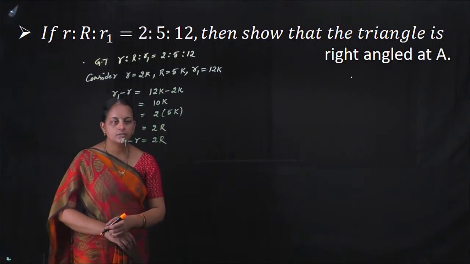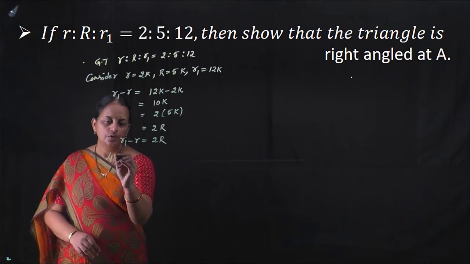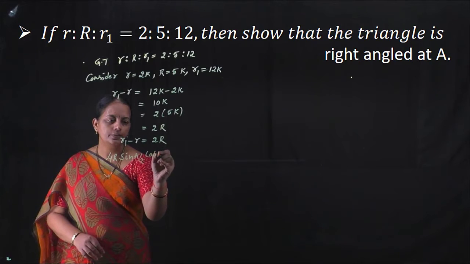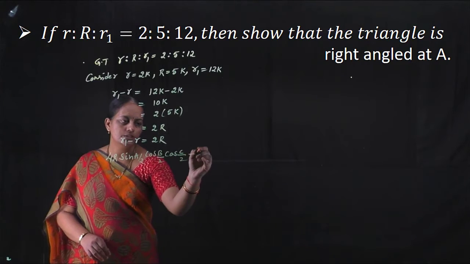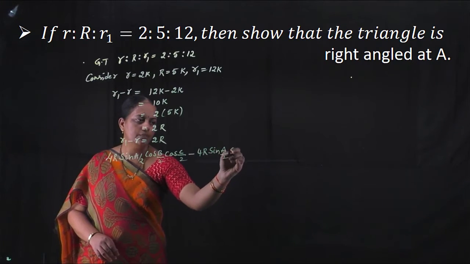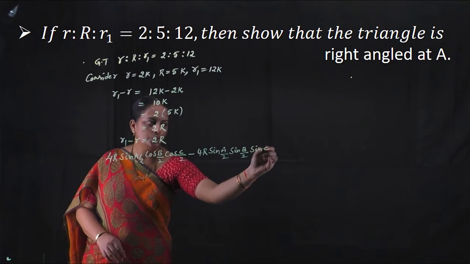R1 minus R is equal to 2R, and we know that R1 is equal to 4R sin A by 2 cos B by 2 cos C by 2 minus small r, which means 4R sin A by 2 sin B by 2 sin C by 2. This is equal to 2R.